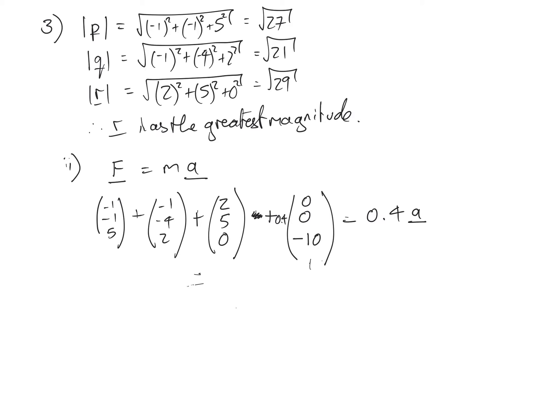We add all those bits up and we get 0, 0, 7 minus 4 is 3, equals 0.4a. So a equals the vector 0, 0, 3 divided by 0.4, which is 7.5.